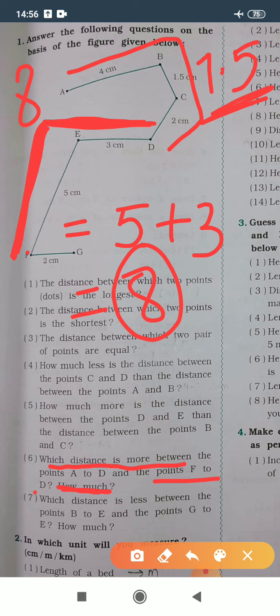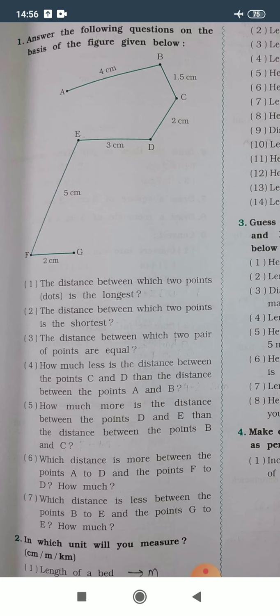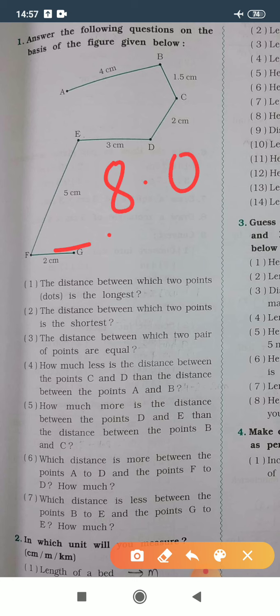So again, 7.5 is in decimal terms. So 8.0 minus 7.5. Let's calculate this. 8.0 minus 7.5.